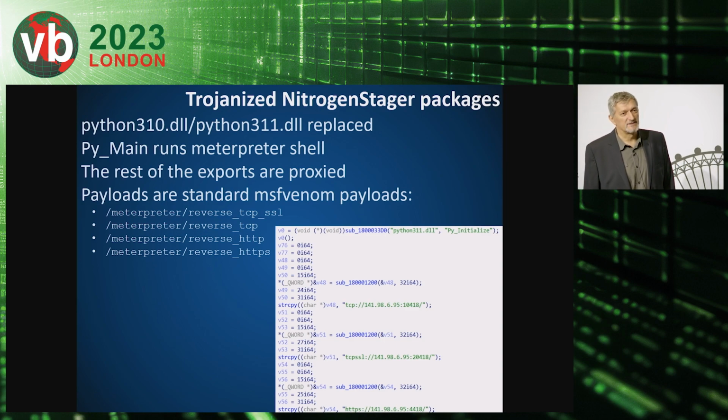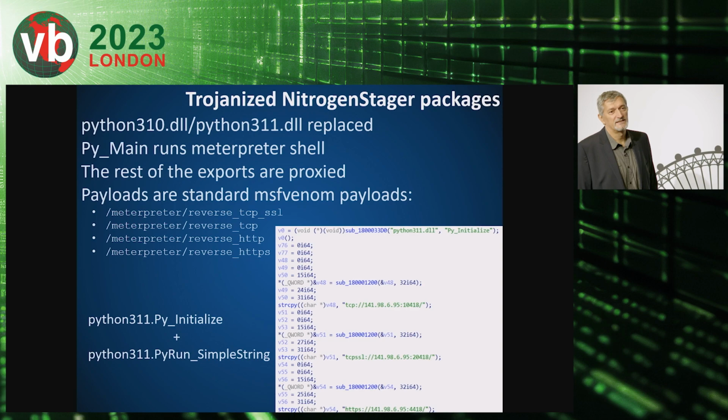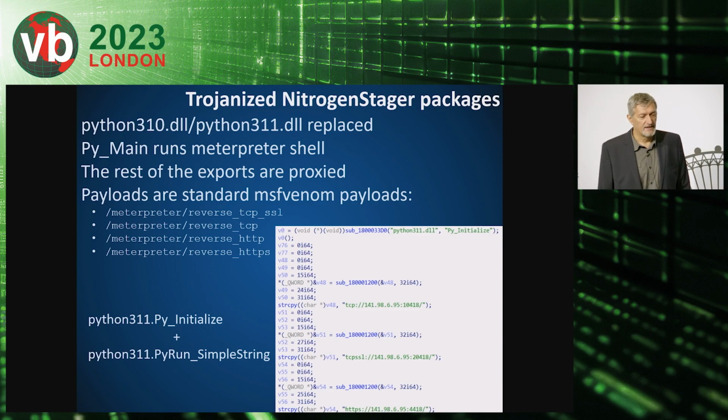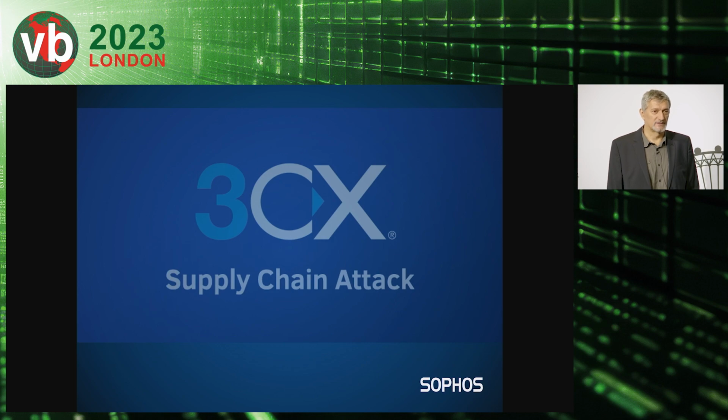Interesting thing is how it executes its Python script, because this package cannot execute a standalone Python file, since the pymain function has been replaced by their own function. But the DLL is still there, so they can call into the underlying Python execution functions, pyinitialize and pyrun simple string, to execute the content as strings. So this is how it goes on and executes.